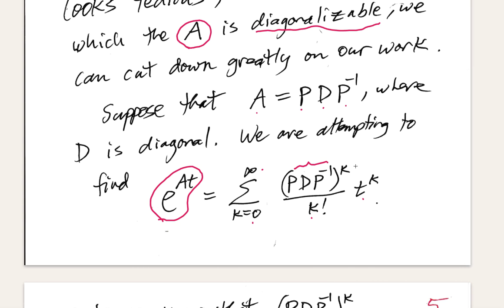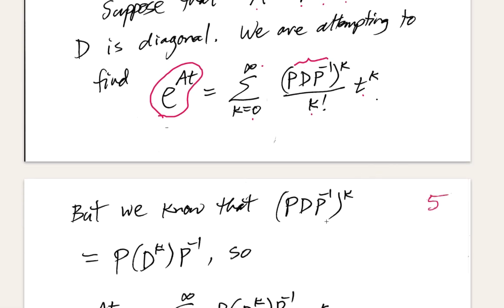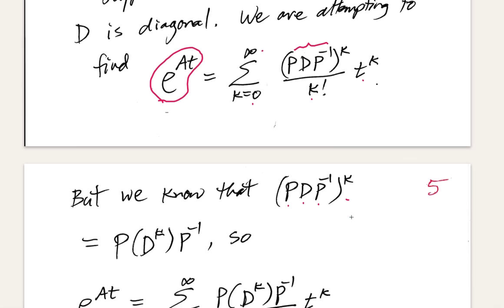But I hope you remember that P times D times P inverse, to the K, is actually equivalent to P D to the K P inverse.